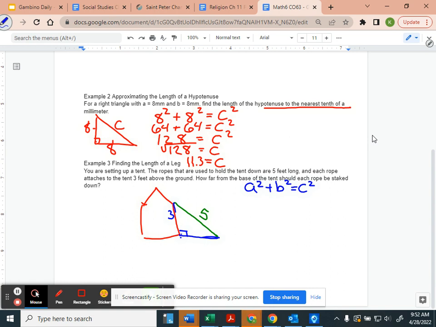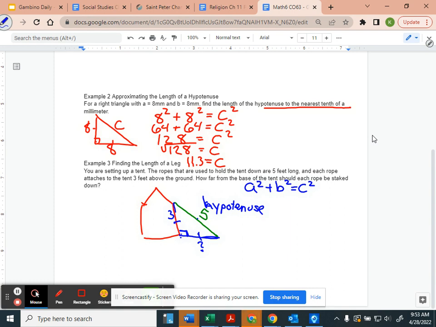Josie? So the 3 and the ground are the legs, because the ground is what we're looking for. Because here is our right angle, so directly across from it is our hypotenuse. I'll write it out. So the hypotenuse is directly across from our right angle.